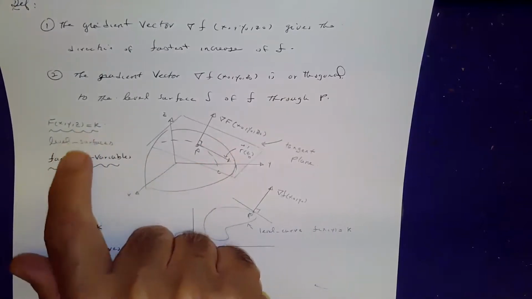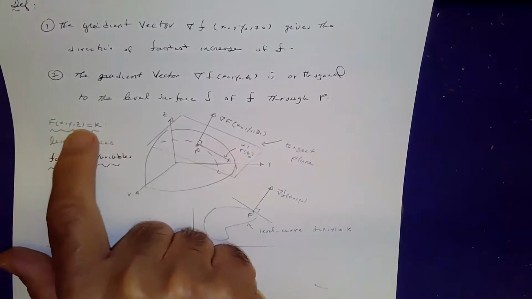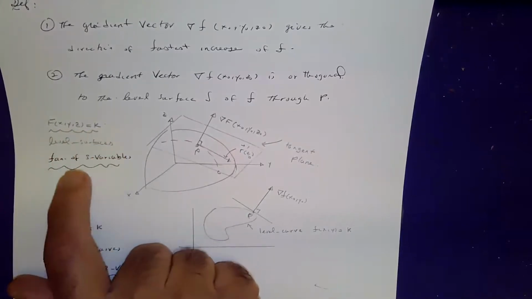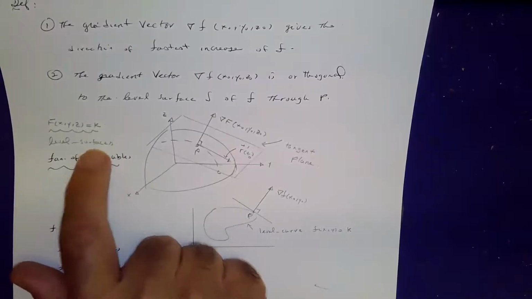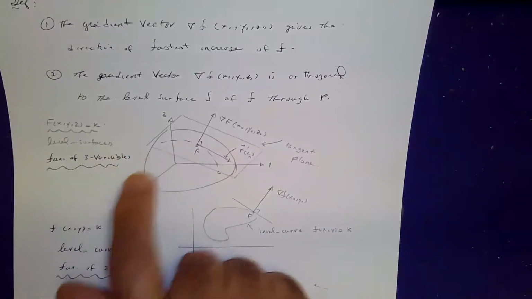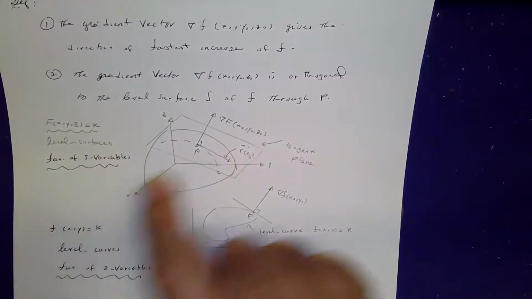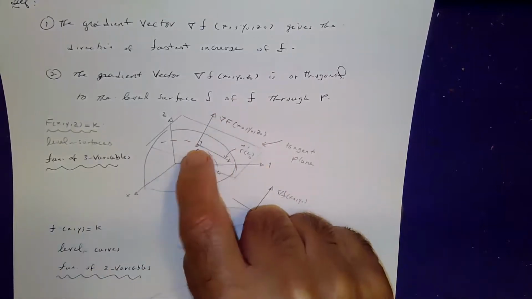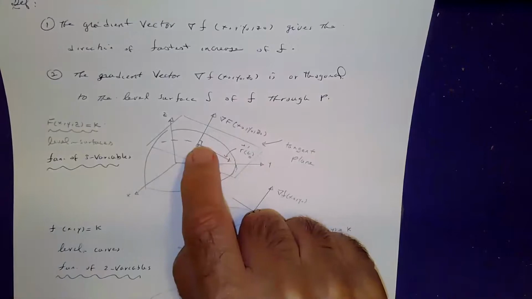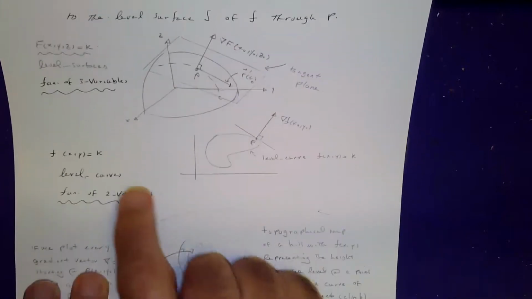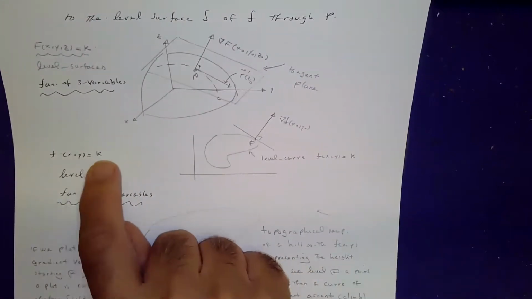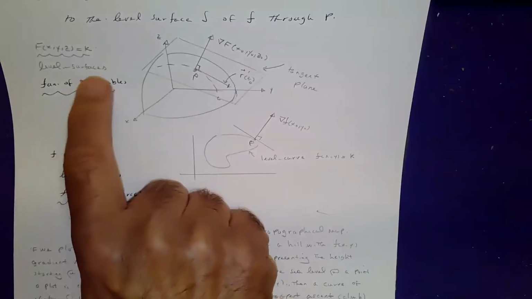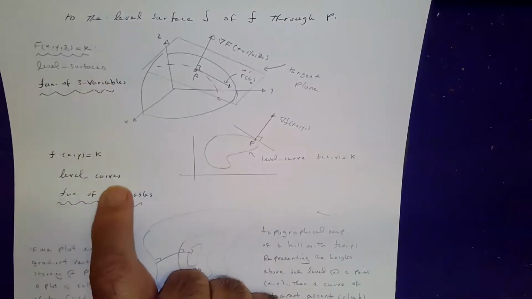When you have a function of x, y, z equal to a constant, that's a function of 3 variables, so those will be level surfaces. In other words, the gradient vector will be perpendicular to the level surfaces at any given point. If the function is a function of 2 variables, then we don't say level surface, we say level curves.